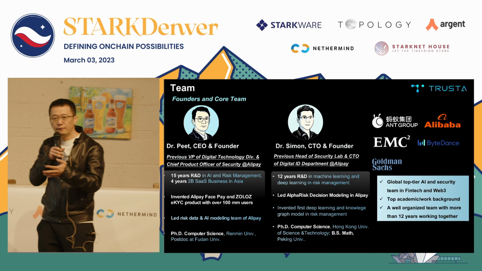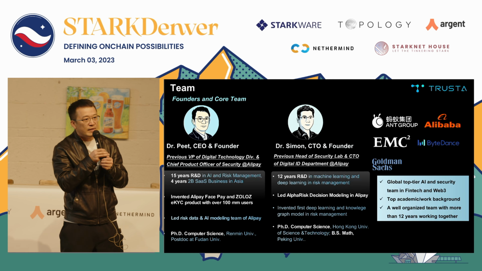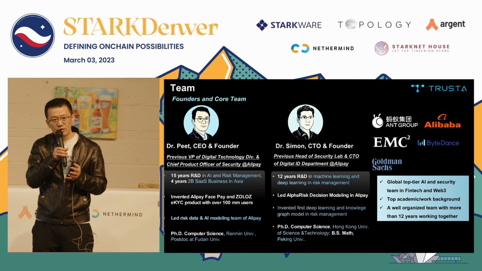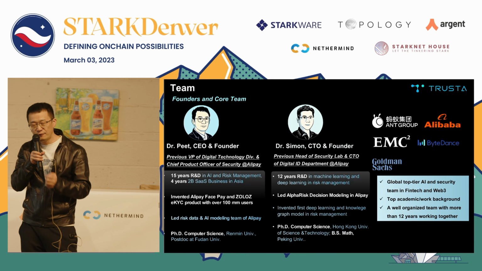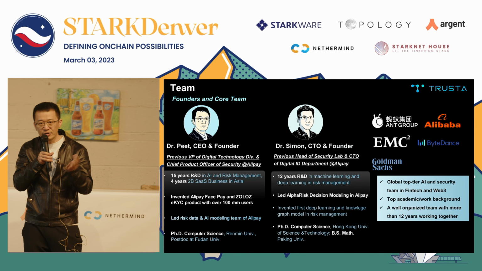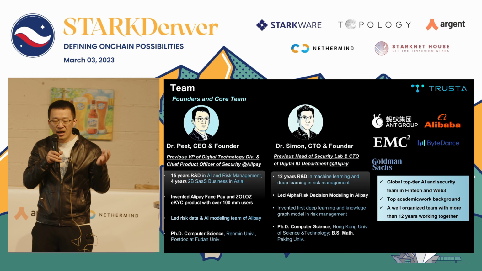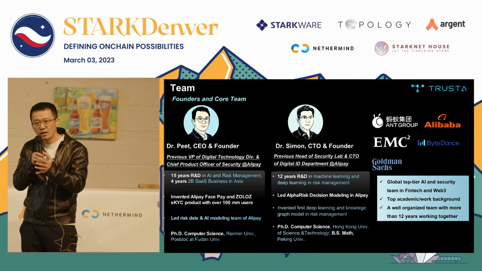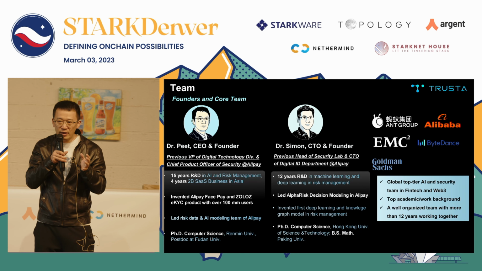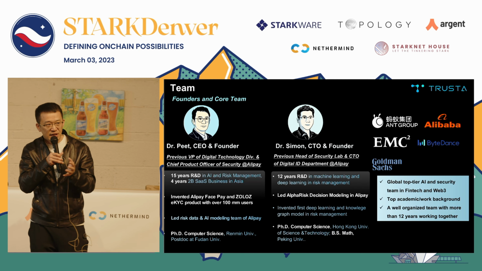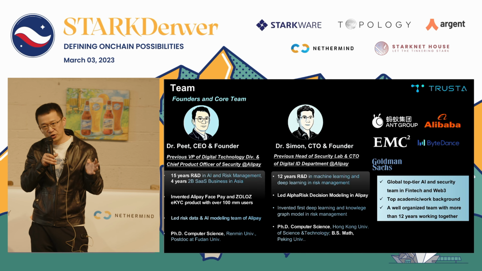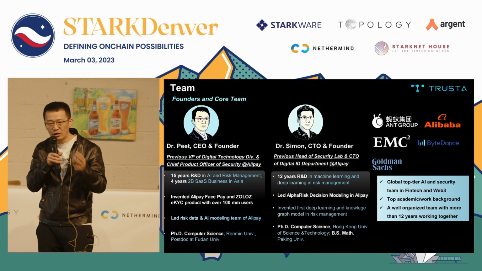So finally, I will introduce my team. I am actually from Alipay for more than 9 years, focusing on risk management and fraud detection. As you know, we have billions of users and billions of transactions. So we have a very strong AI-powered risk engine behind Alipay. Our team built that engine using AI models and rules.